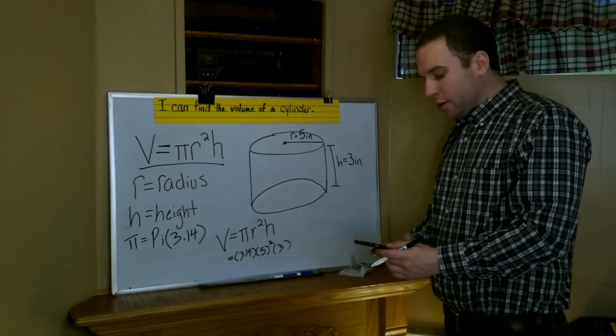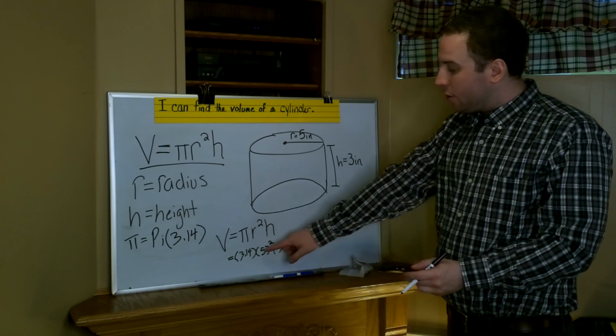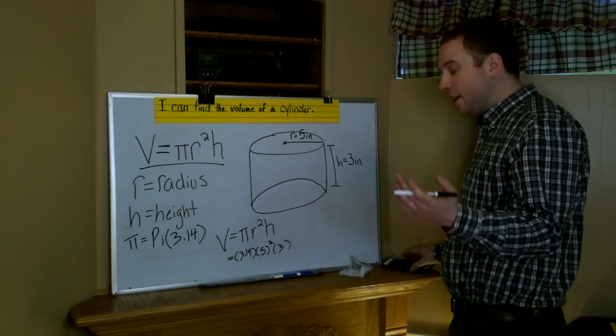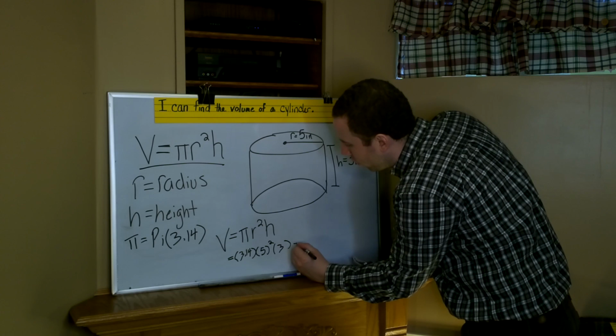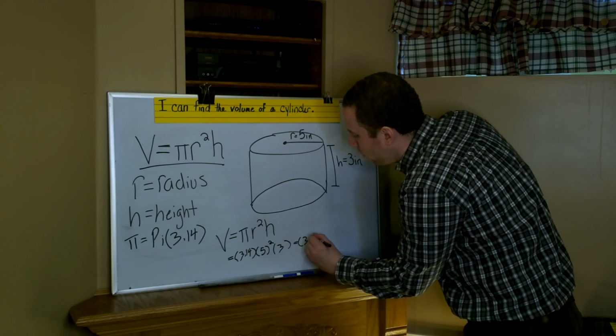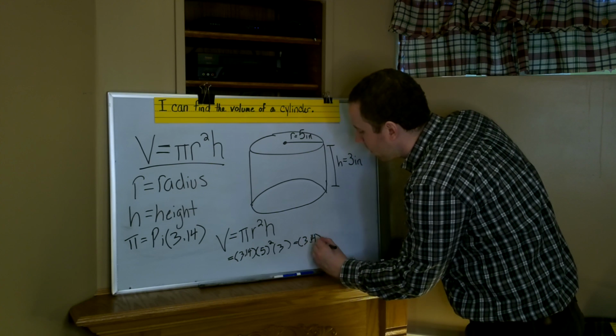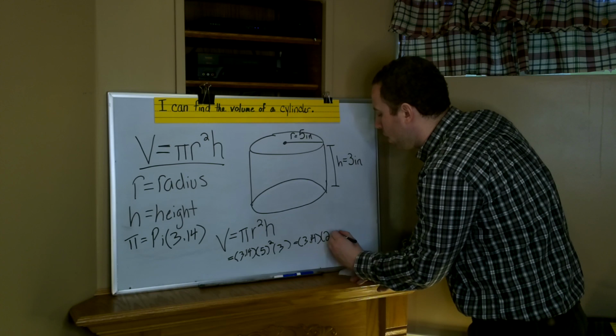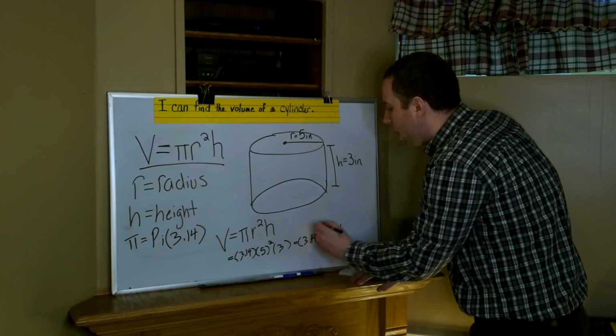On your calculators, now remember class, we need to do 5 squared, so 5 times 5 is 25. So we get 3.14 times 5 squared, which is 25, times 3.